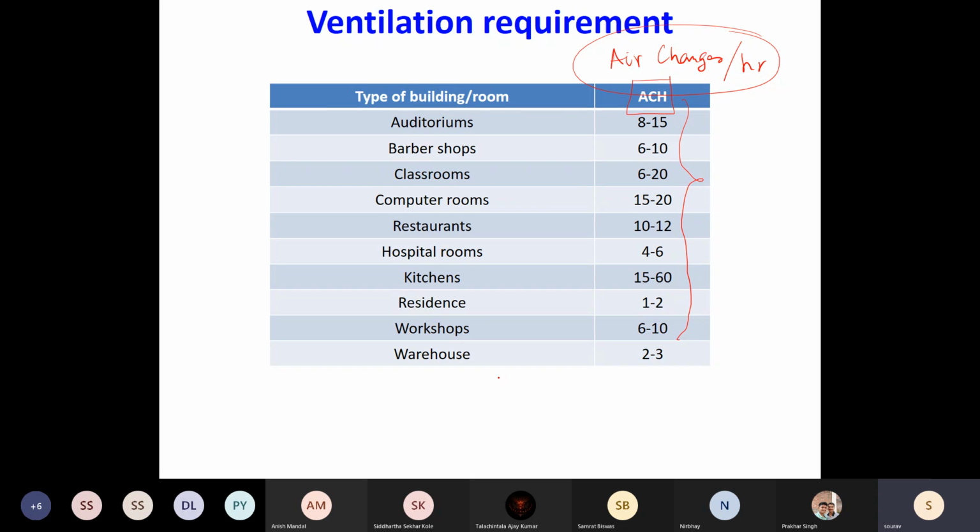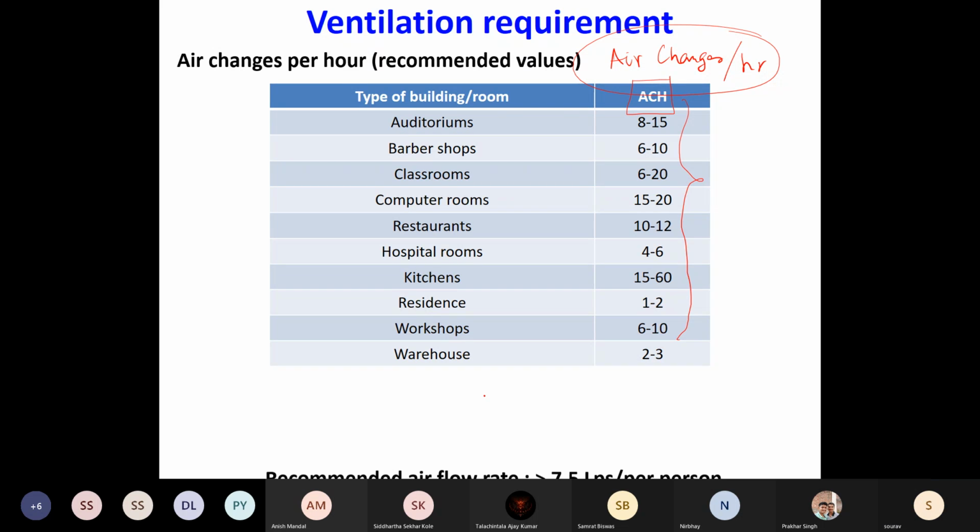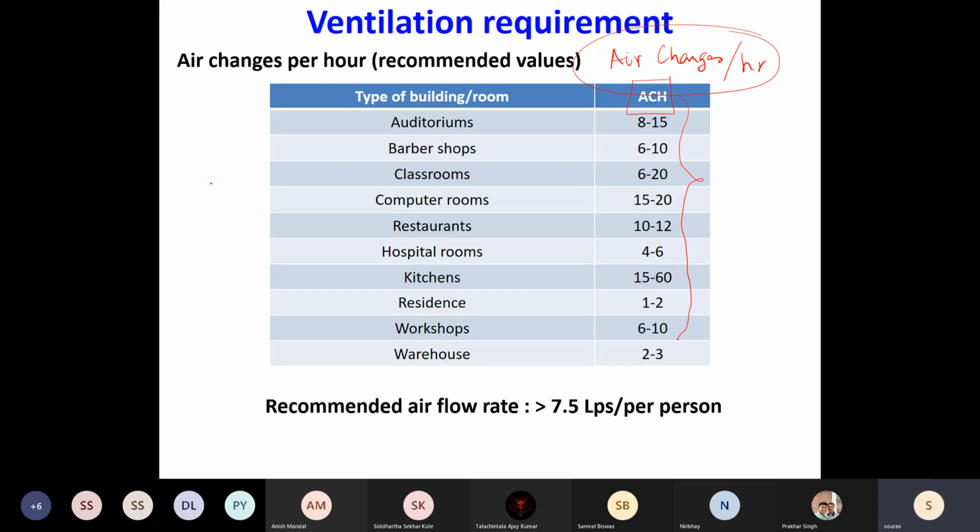So what this unit is, if you have a room of, let's say, 10 feet by 10 feet floor area, and let's say, again, 10 feet is the height. So you have 1000 CFT as the room volume.